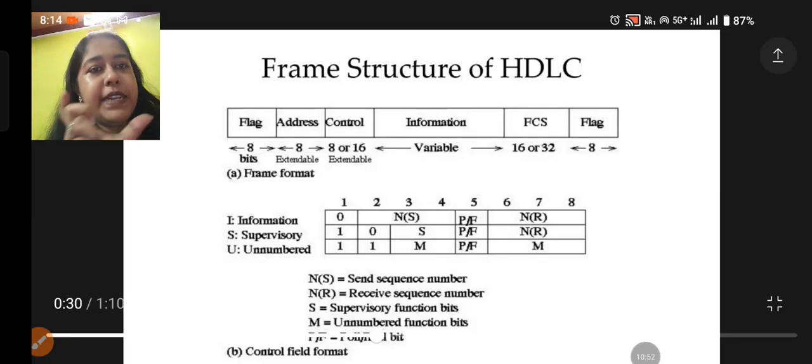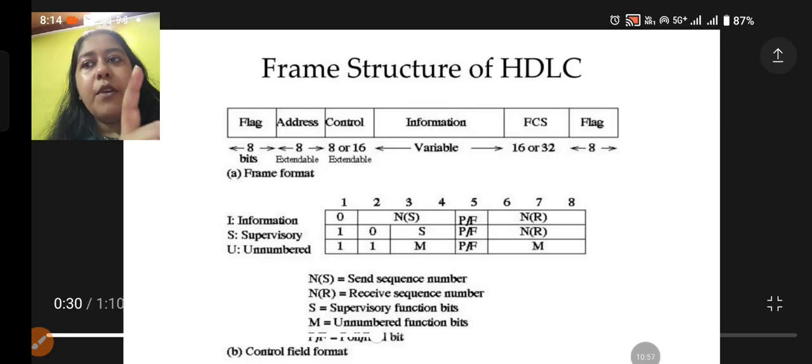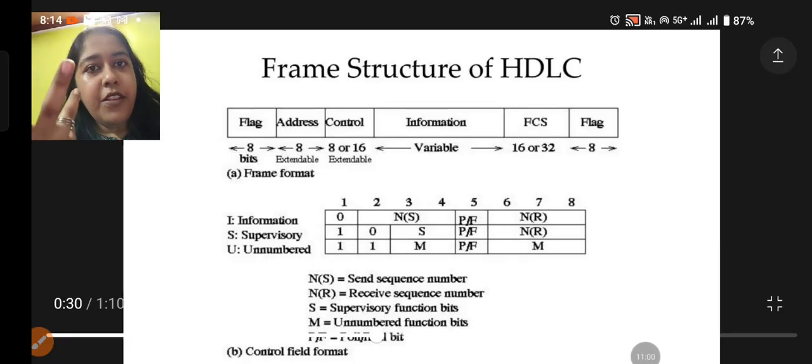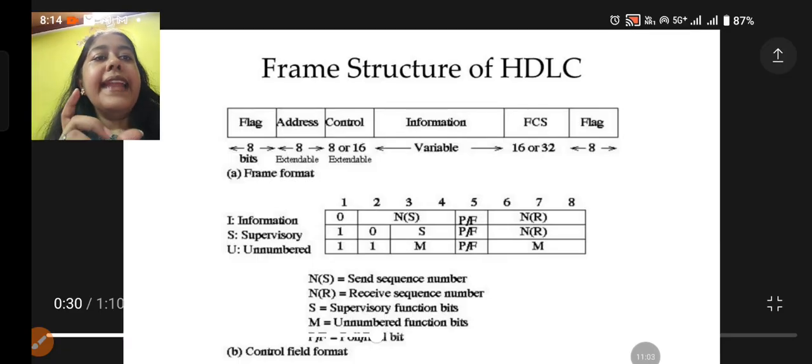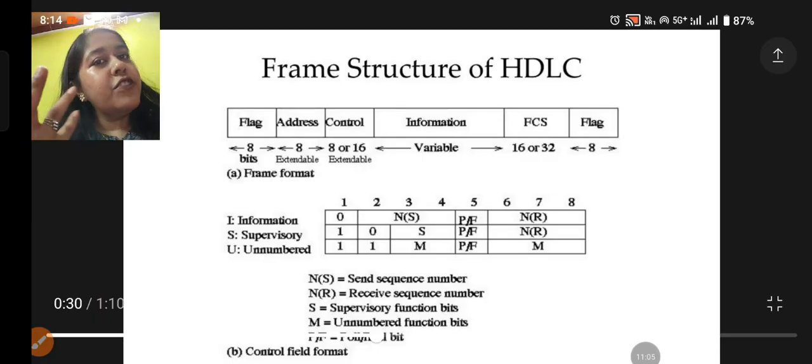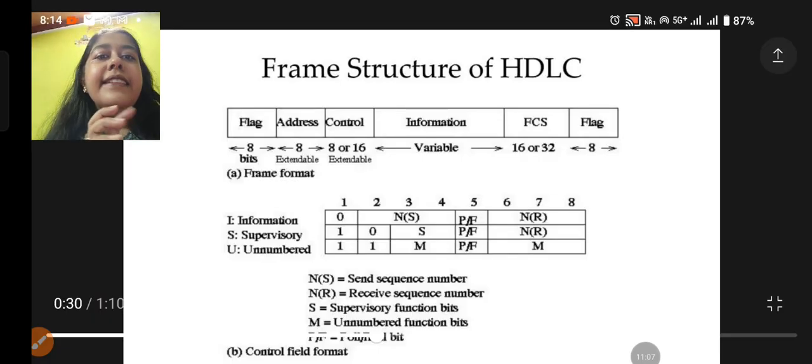The information field can be variable in nature. The FCS can be 16 or 32 bits, and again the flag, which will be 8 bits.